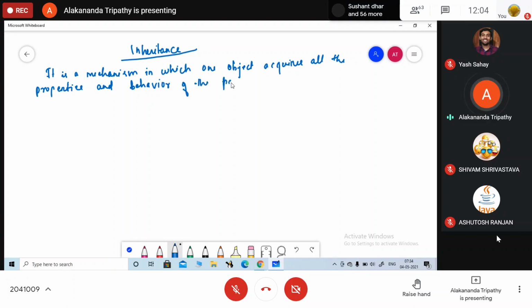Basically, one object or one class acquires all the properties and behavior of the parent class.